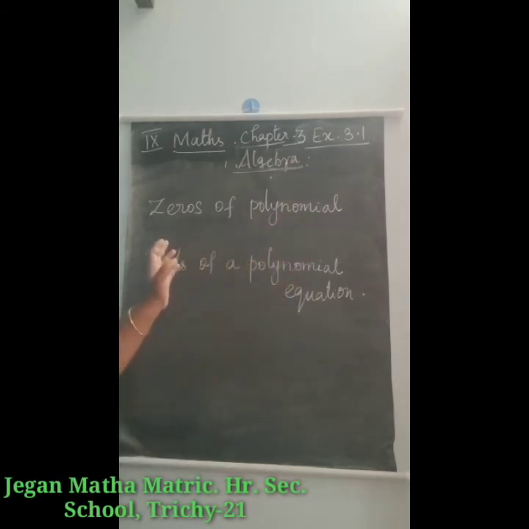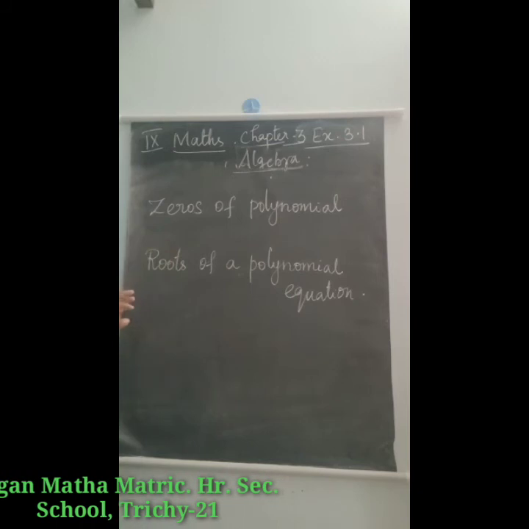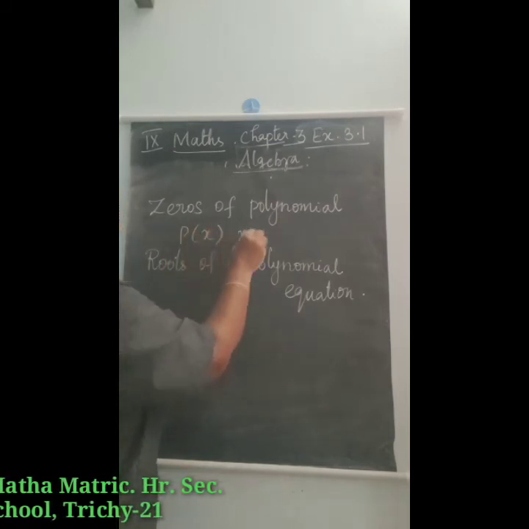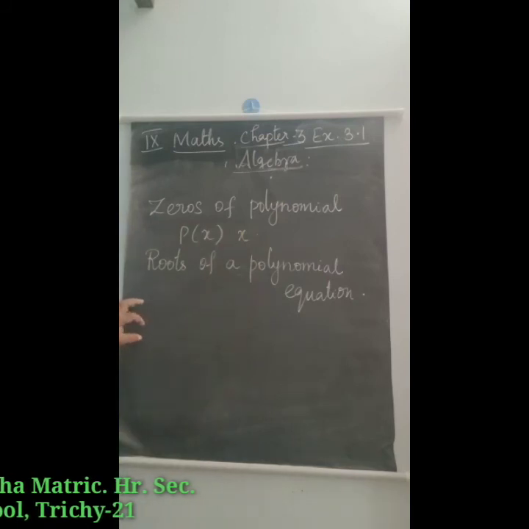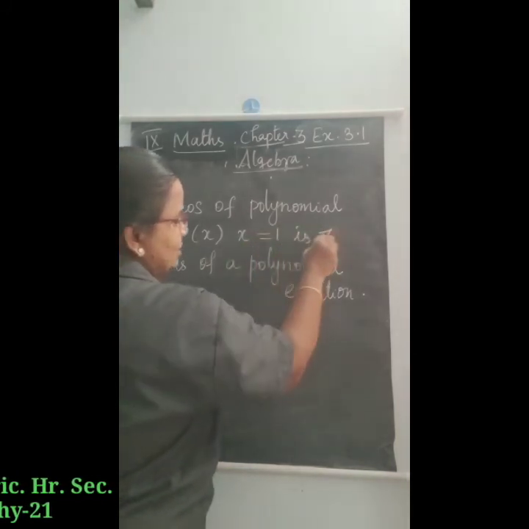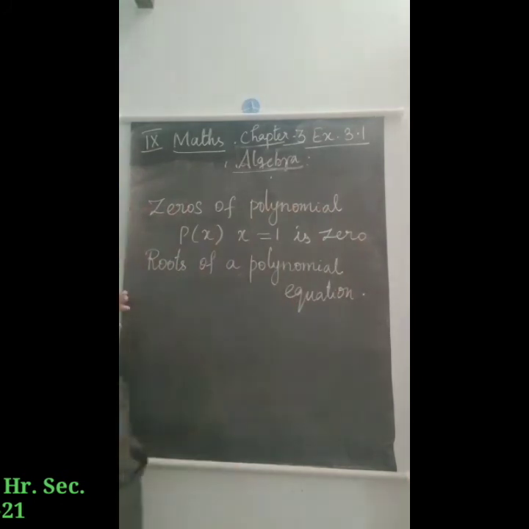When the value of p of x at x equal to 1 is 0, this is the zero of the polynomial. Once again I repeat, when the value of p of x at x equal to 1 is 0, we can say that 1 is one of the zeros of p of x.